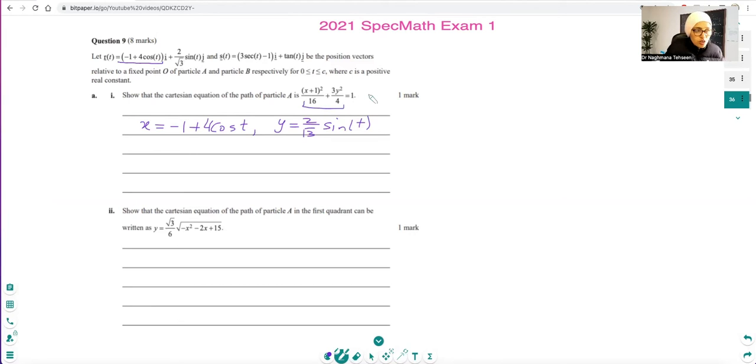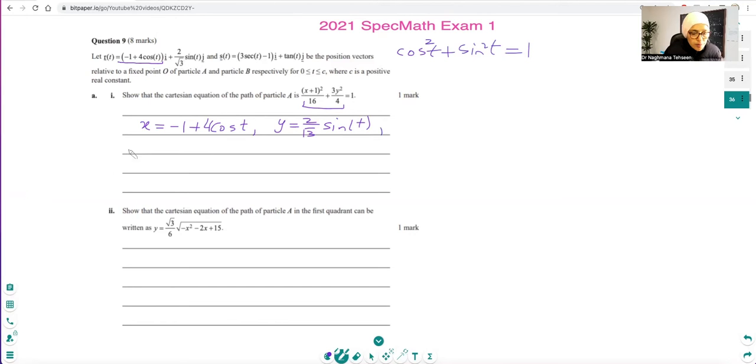So we need to do a bit of squaring, and because a square is happening there, we also need to use the trig identity, which we know: cos square t plus sine square t is equal to 1.